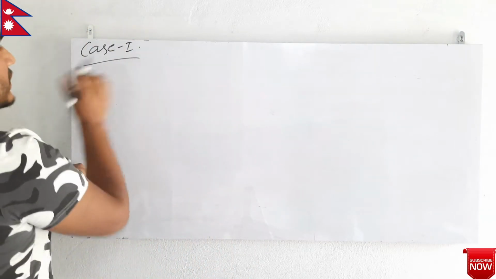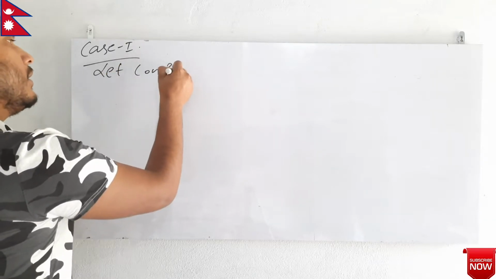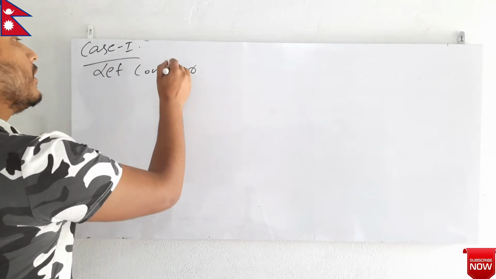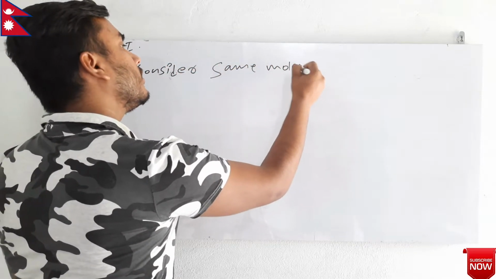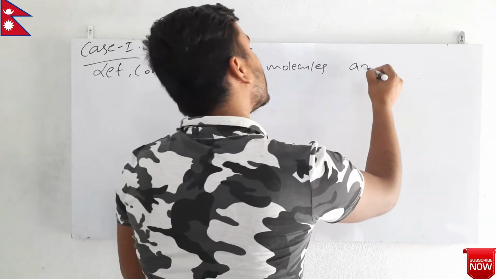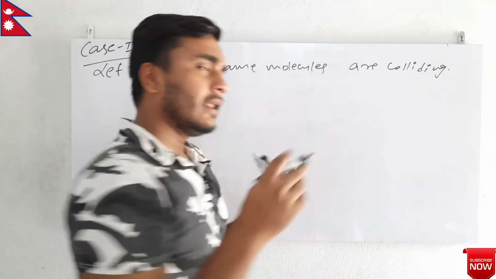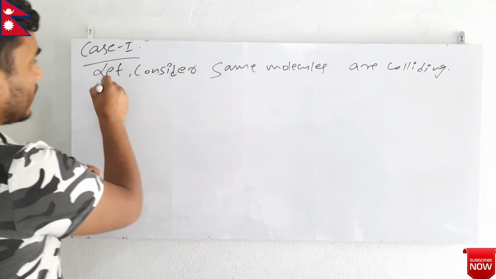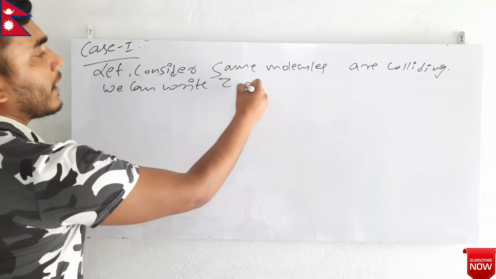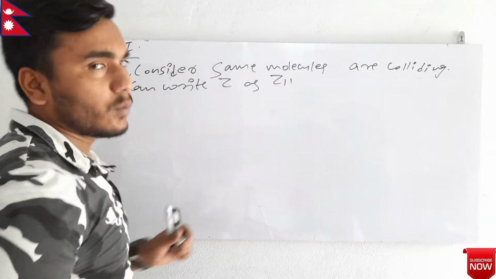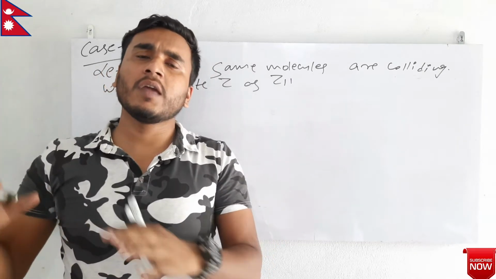Okay, in the first case, let's consider the same molecules are colliding. Then in that case we can write Z as Z11. Okay, 11 represents that there is the same type of molecule or the same molecule.